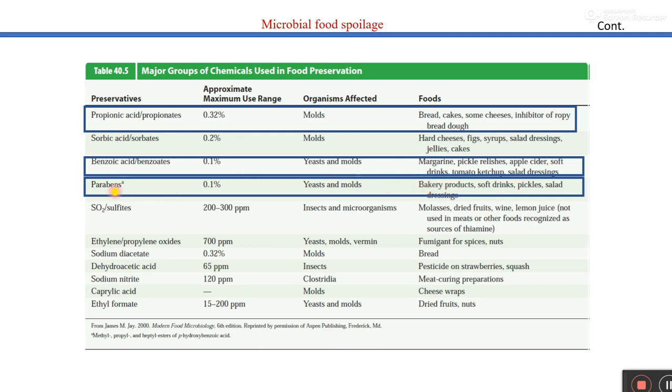When parabens are applied in foods such as bakery products, soft drinks, pickles, and salad dressings, they generally prevent these foods from yeast and mold growth. So in this way, by adding preservatives, you can prevent your foods from microbial food spoilage.